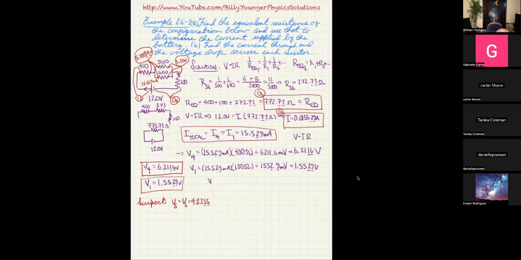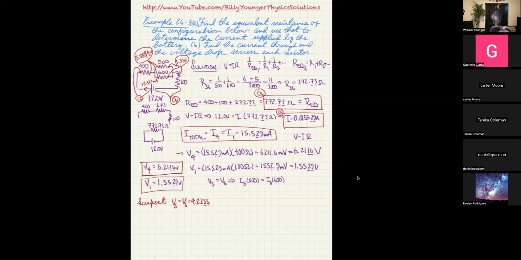Therefore, I know V500 is equal to, well, actually, I've been calling it V5, so I really shouldn't put those there. So V5 is equal to V6. We know that. We also know from Ohm's law that V5 would be I5 times 500, and V6 would be I6 times 600.